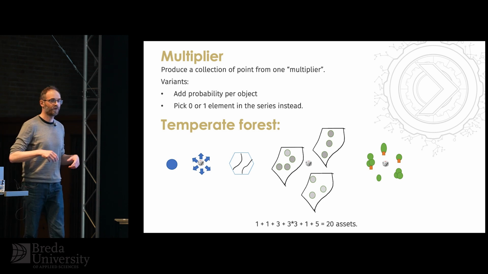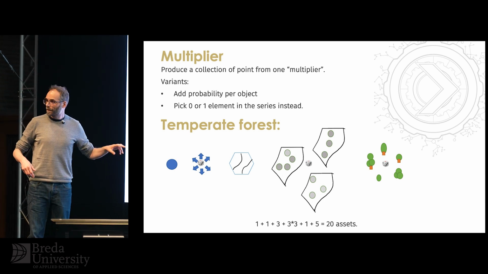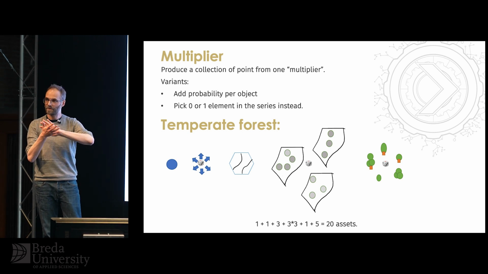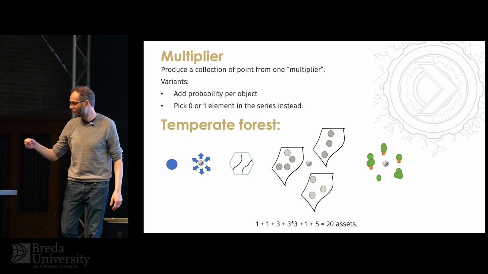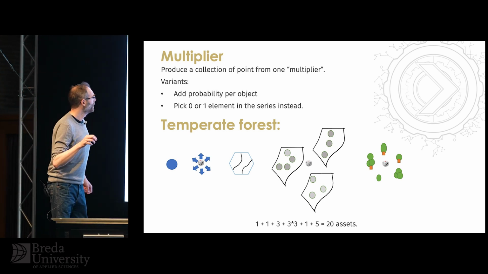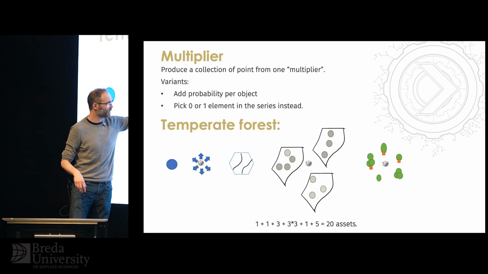And first, we use the multiplier. It produces exactly the same object but with 6 different directions, and we choose one. And the chosen element will then produce 3 different parts.